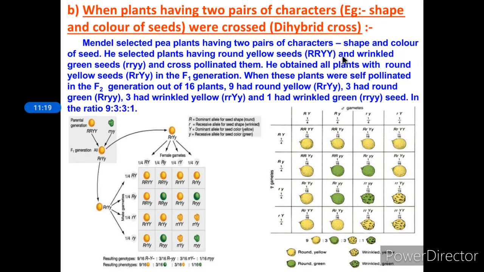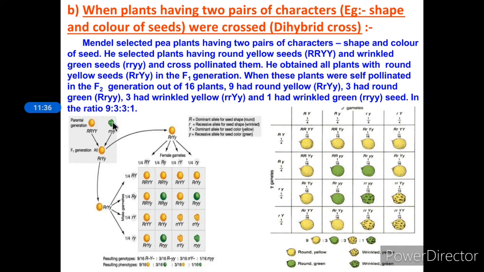That means a combination of these two, that is capital R, small r, capital Y, small y. Same way in that case it was capital T, small t. So he got round yellow seeds in the F1 generation.